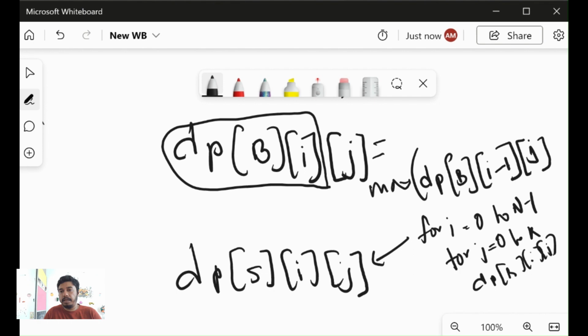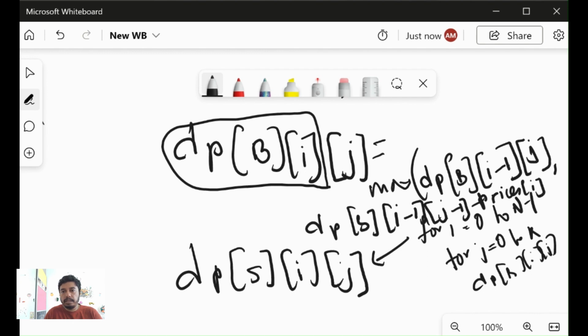The transaction count remains the same, and we are computing over the ith index, so dp b i j, and then we add the other term, which is dp sell i minus 1 j minus 1 minus prices of i.